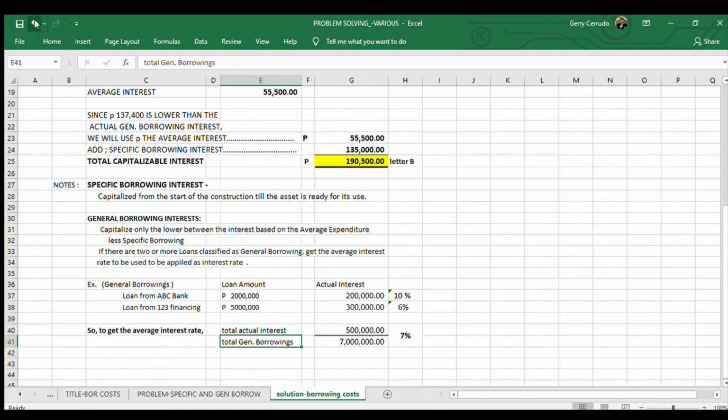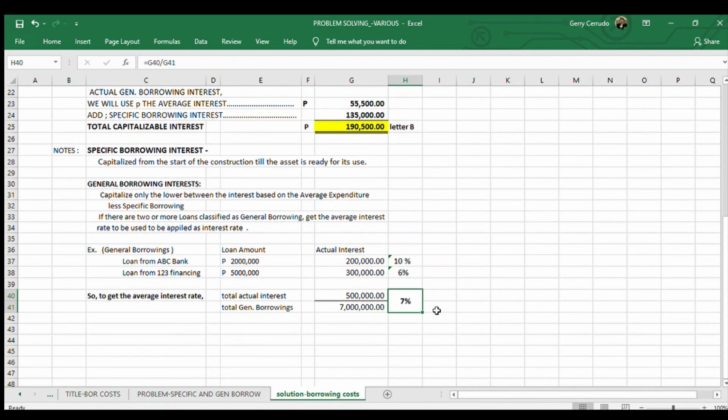Actual interest, i-divide natin yan sa total general borrowing. So, 500,000, okay, divided by total borrowing of 7 million, and we get the average interest rate of 7%. Okay. So, that's how it is.